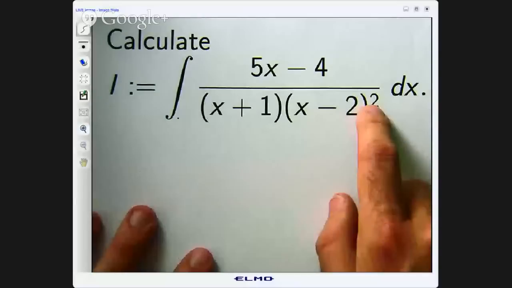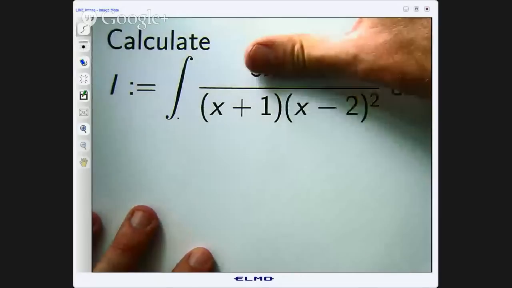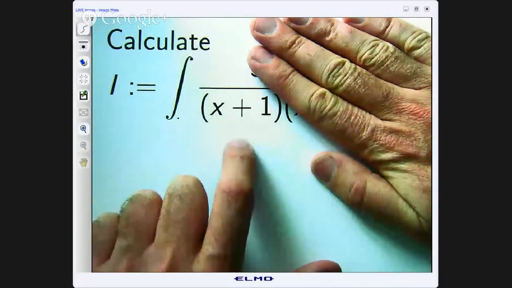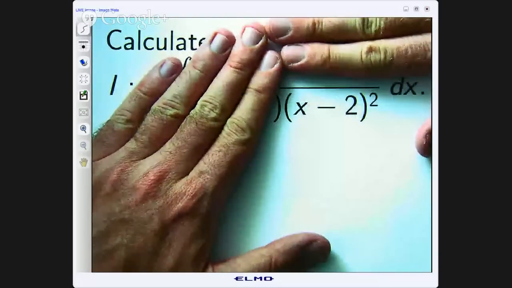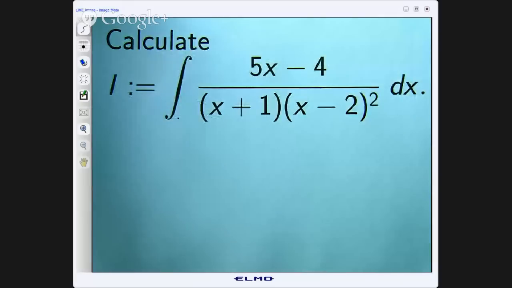Well, the bottom factorization gives us a bit of a hint. If I have, say, a constant over x plus 1, I know the integral of that. And if I have a constant over x minus 2 or x minus 2 all squared, I know how to integrate that.